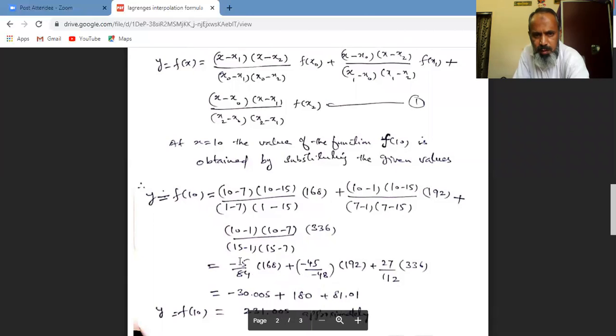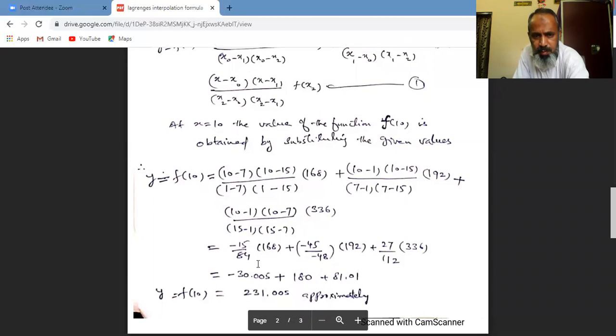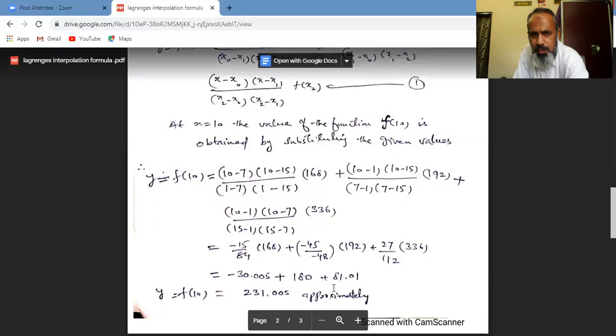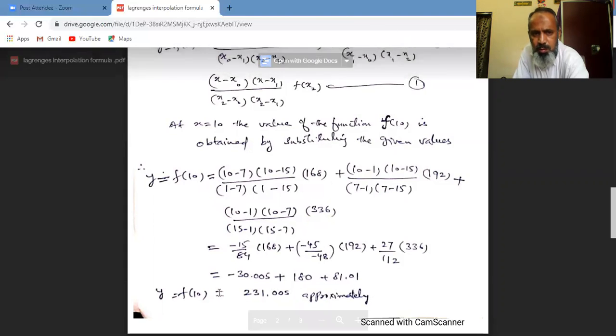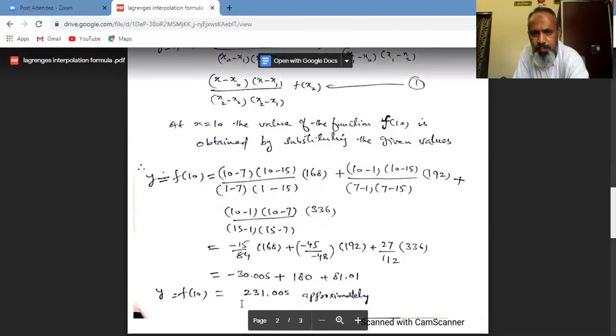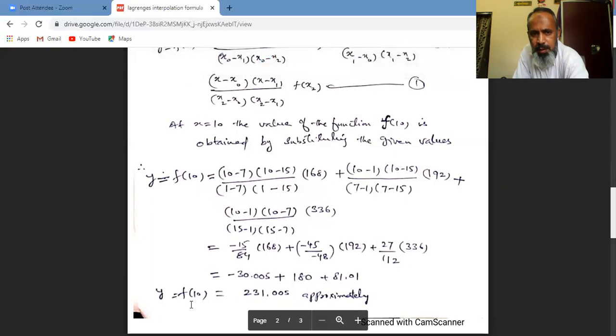So the first term will become −30.005. Using a calculator we can find this value. The second term is 180, and the third term is 81.01. Simplifying this again, we get the f(10) value, that is, at x = 10, the value of the function will be 231.005 approximately. So this is the value of the function at x = 10.